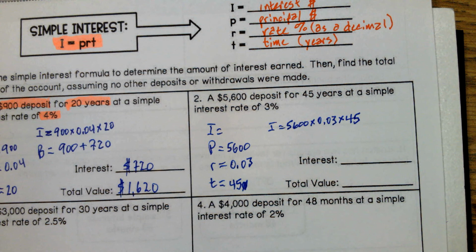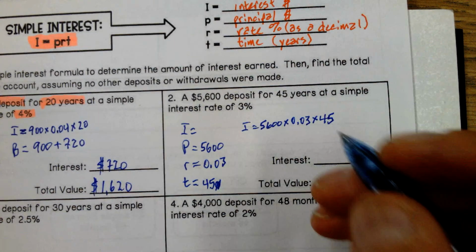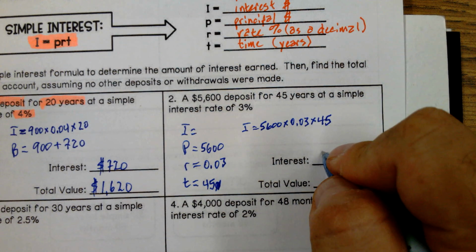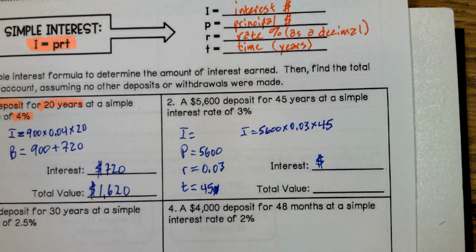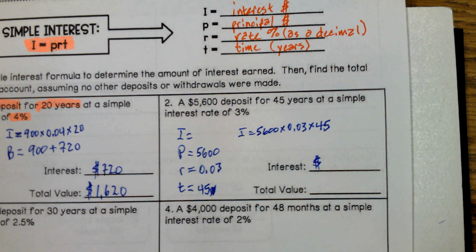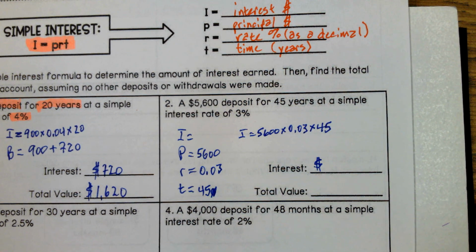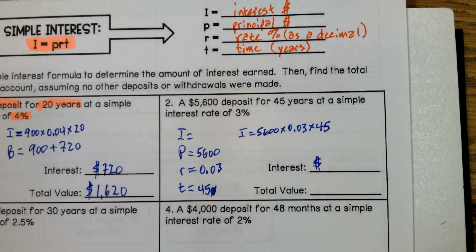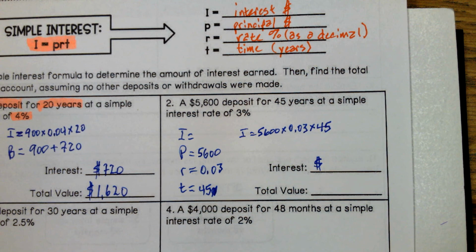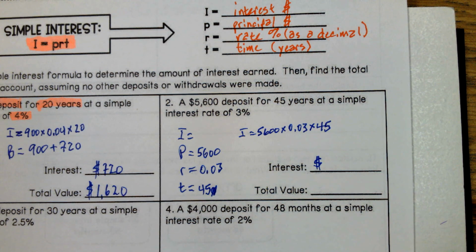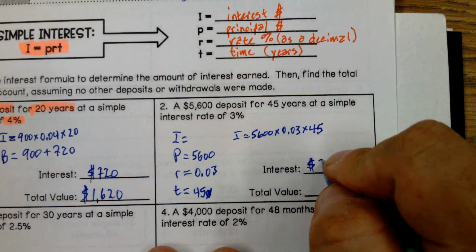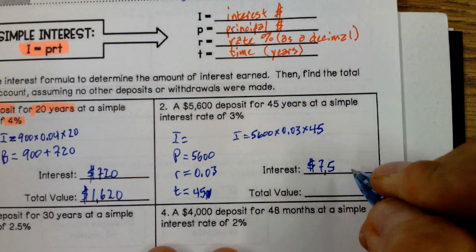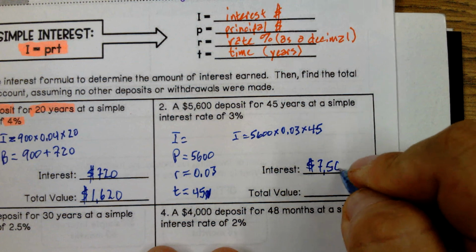Okay. So how much in interest? If we multiply all three of those values, how much money is it? 7,560.